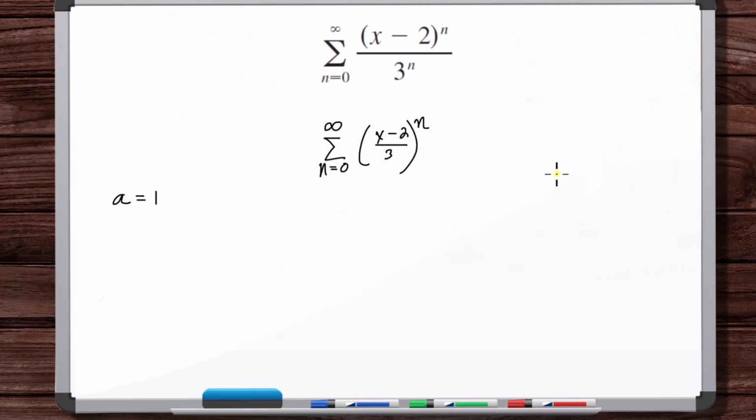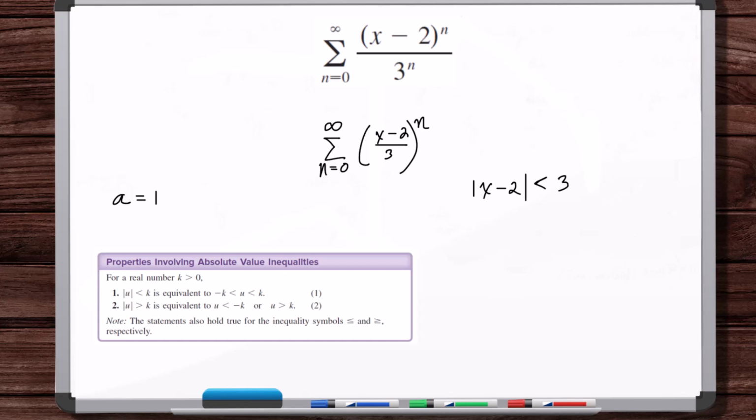All right. Now, for the series to converge, what has to happen? The absolute value of x minus 2 over 3 needs to be less than 1. Not less than or equal to, less than. The absolute value, right? Because this could be minus 1, x minus 2 could be minus 1, that's fine. Or it could be 1. All right, so it's an absolute value inequality.